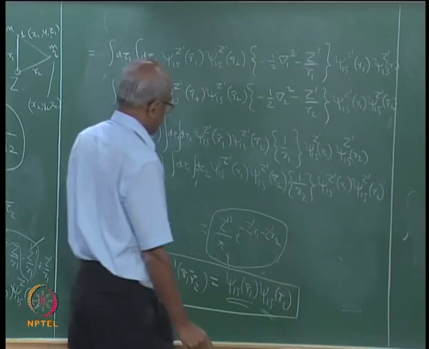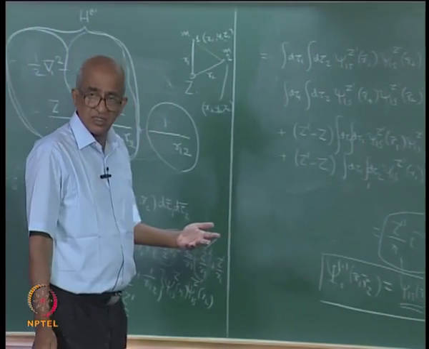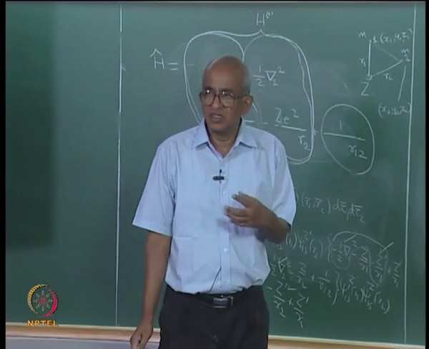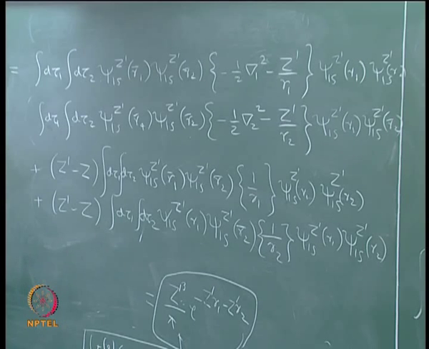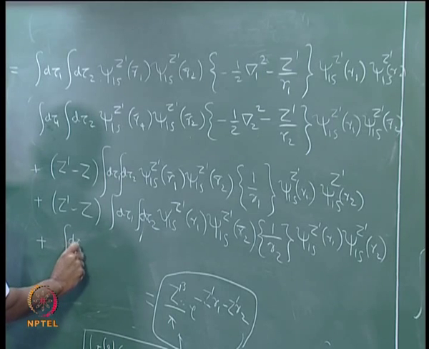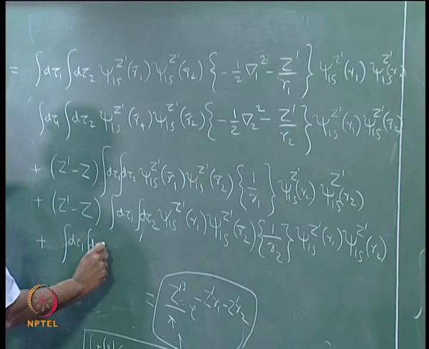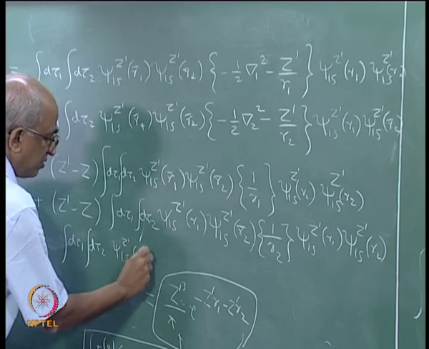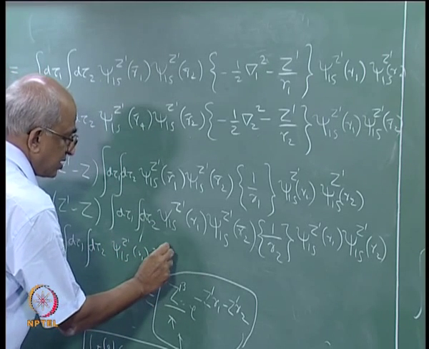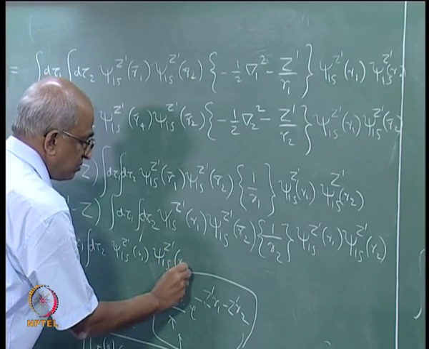This is what happens. I am not done yet, because there is the problematic term. What is the problematic term? The electron-electron repulsion. So I have to put that. So what will happen? I will have plus d tau 1 d tau 2 psi 1s Z prime r1 psi 1s Z prime r2.